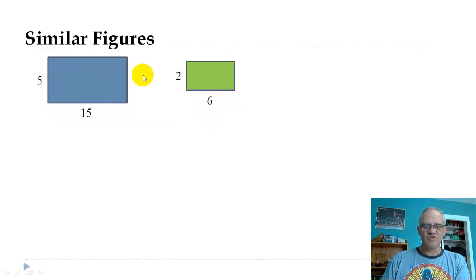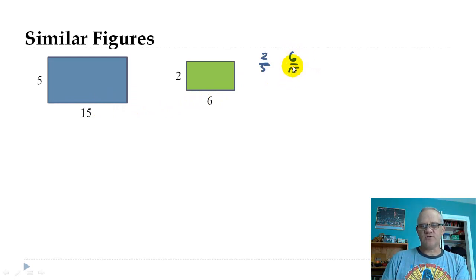So the ratio of the sides is the same. 2 and 5 would be a ratio of 2 to 5. We can't simplify that. But the other side is 6 to 15.